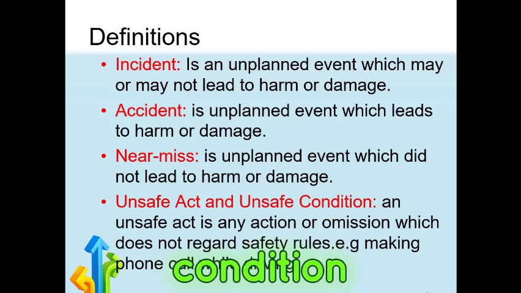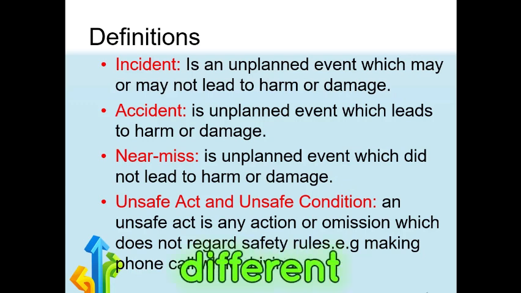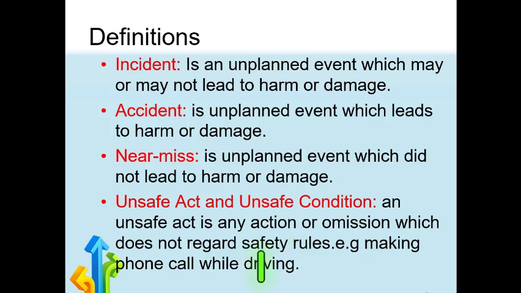An unsafe condition is the result of an unsafe act. So these two different words, I would like to explain them using an illustration of two workers in a factory.